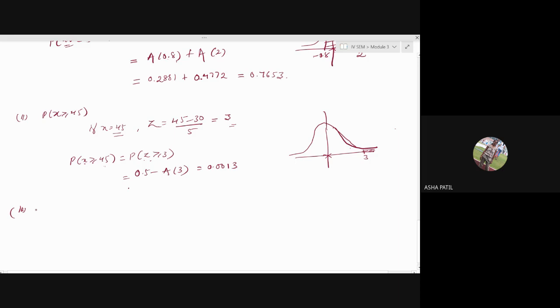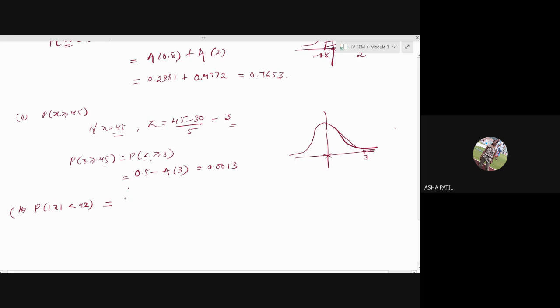Third one: the probability that mod X is less than 42. I did one mod example already.